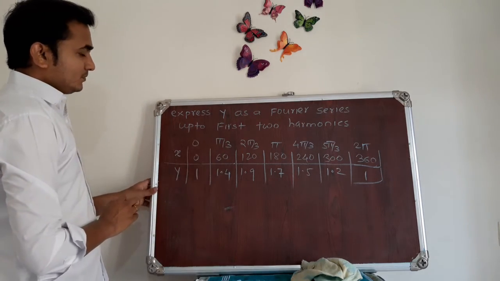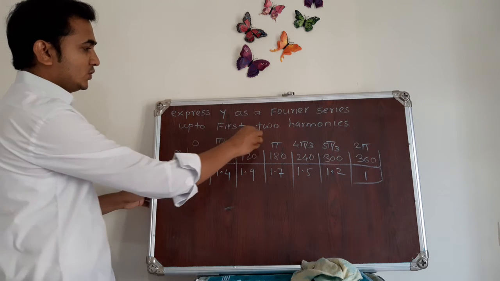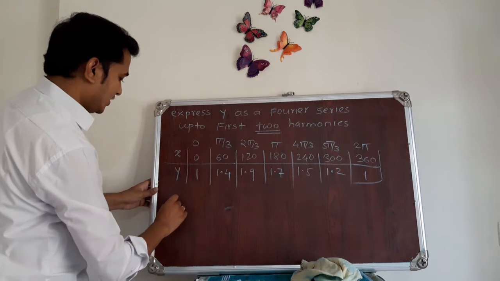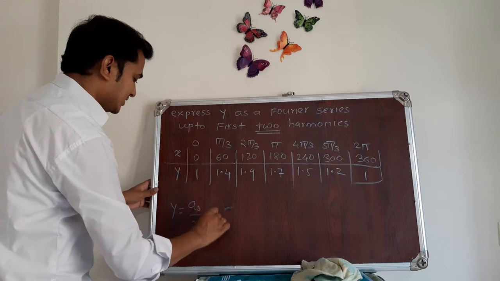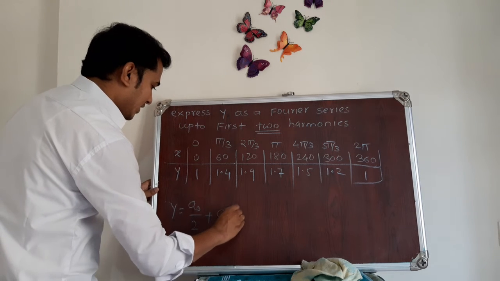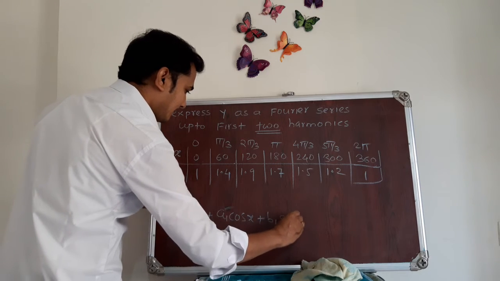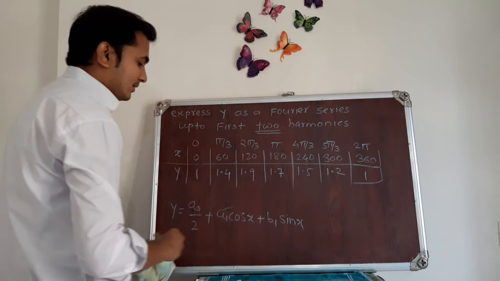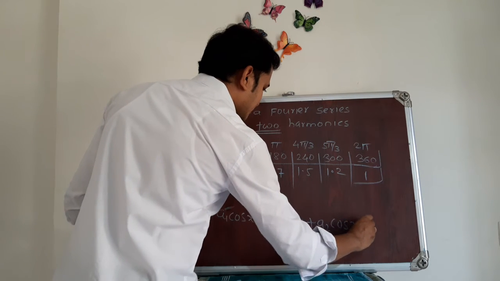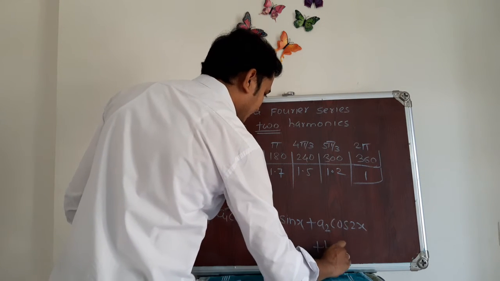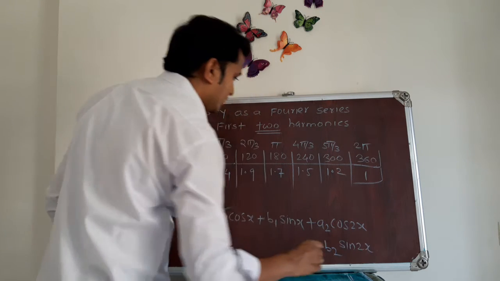So you want the Fourier series expansion up to the first 2 harmonics. That means you want y is equal to a0 by 2 plus a1 cos x plus b1 sin x, then a2 cos 2x plus b2 sin 2x.